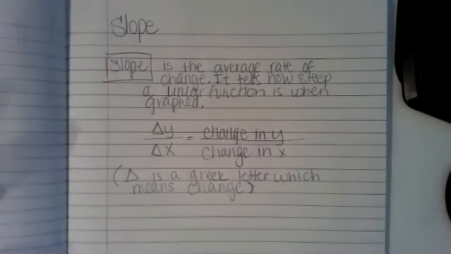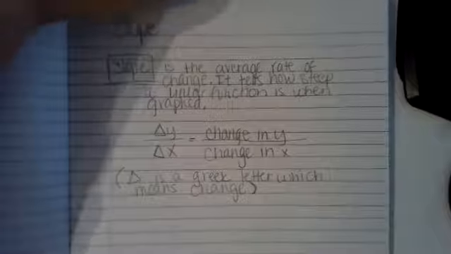So this here is what the idea of slope is. Now, there are different types of slope, and it's important that we remember that the different angles on the graph represent different things. So I'm going to tell you a little bit of a story, which will hopefully help you remember what the different angles mean as far as slope goes.